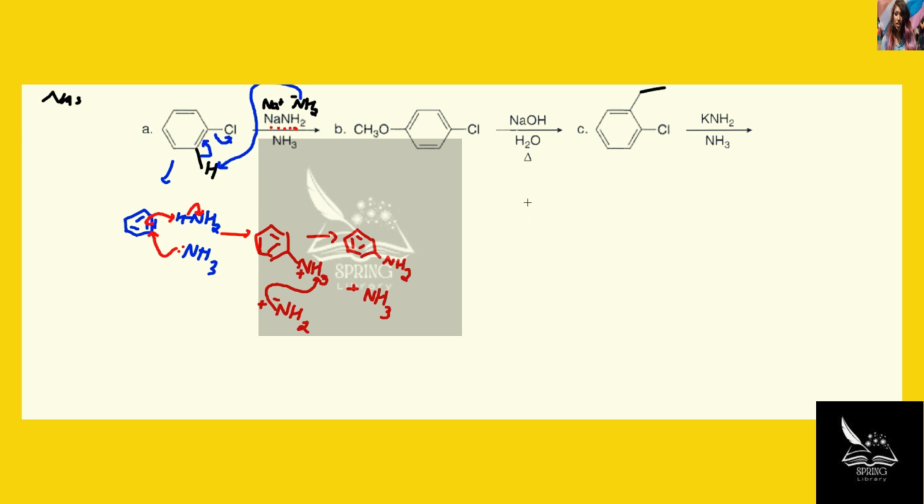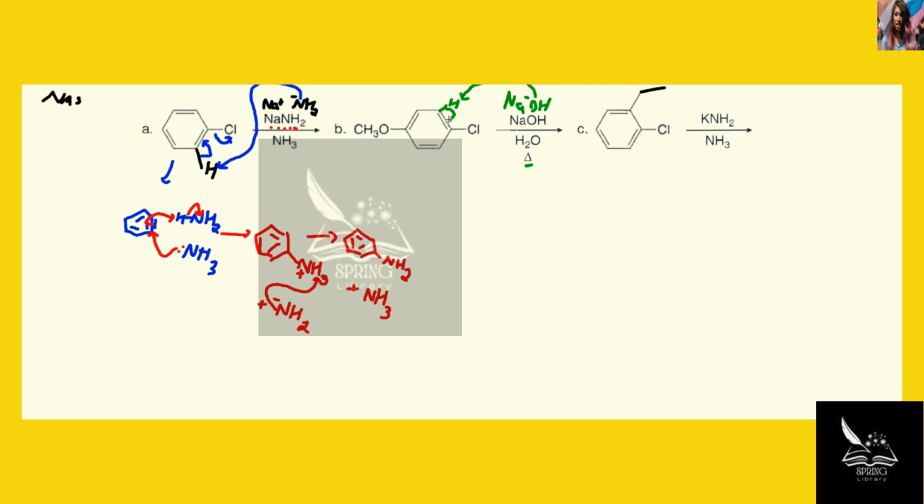Now in B, you have something similar, but this time we have sodium hydroxide, which you know is a very strong base, in water, and heat. This triangle just means heat. Once again, we have this acidic proton that can be ripped off by this hydroxide, making a bond.